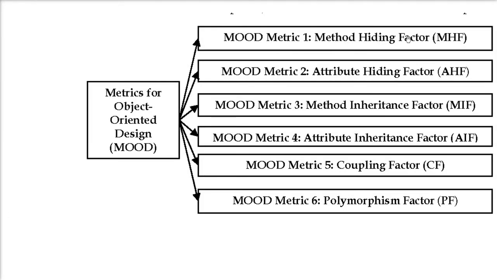The first metric is method hiding factor. The second one is attribute hiding factor. The third is method inheritance factor. The fourth is attribute inheritance factor. Then we have the coupling factor, and finally the polymorphism factor.